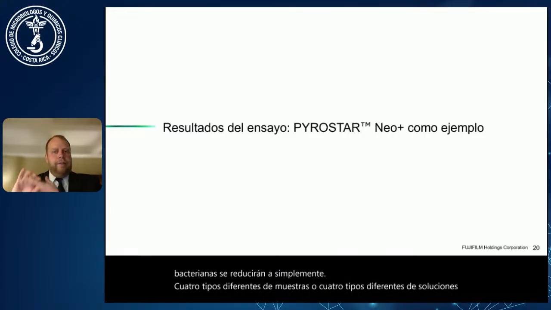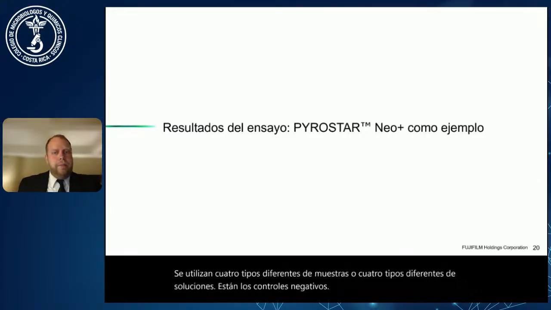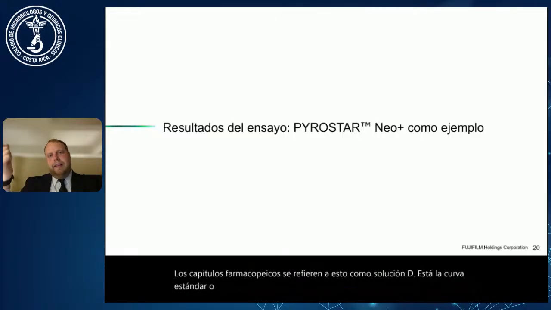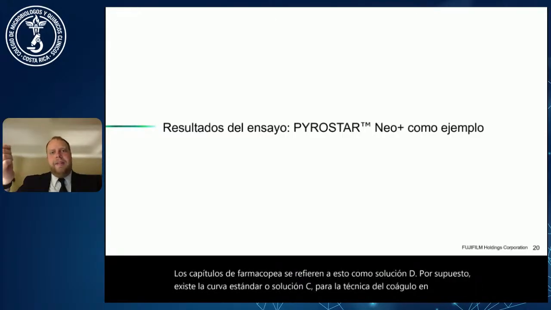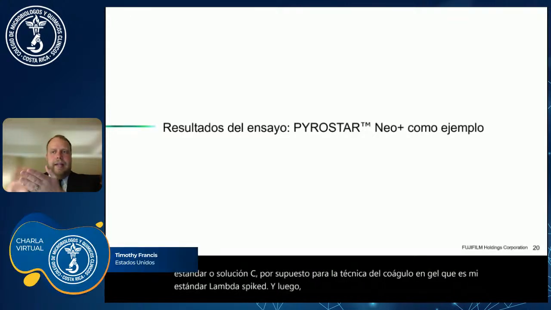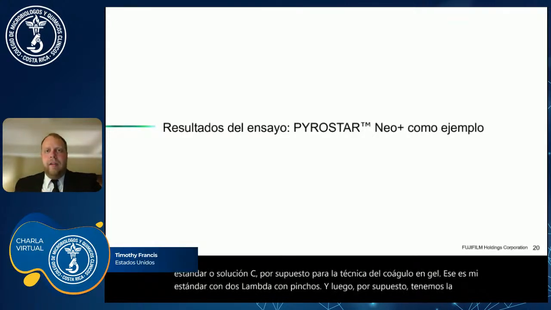There's the negative controls. The pharmacopoeial chapters refer to this as solution D. There's the standard curve or solution C. Of course, for the gel clot technique, that is my 2 lambda spiked standard. And then, of course, we have the sample and the spiked sample.